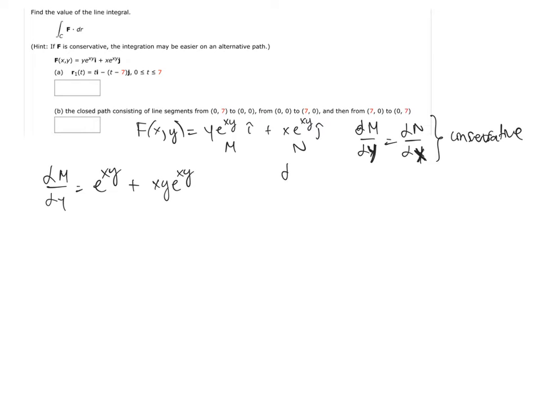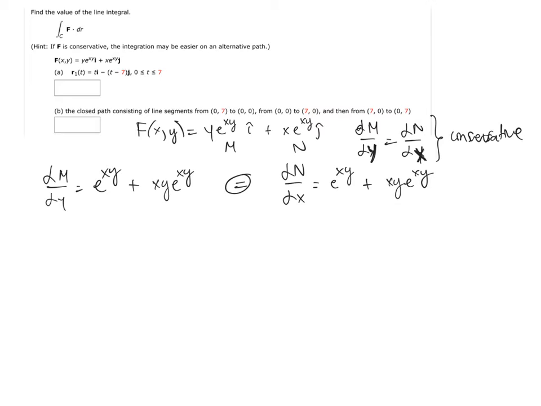Now partial of N with respect to x will be e^(xy) plus xy e^(xy). Since they are exact, they are equal to each other, and your F is conservative. So now your F is conservative.